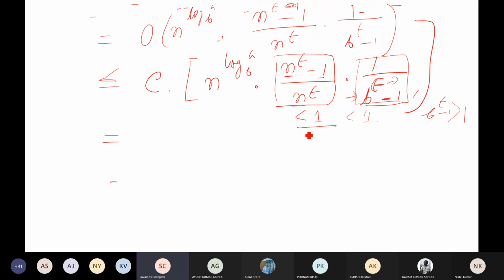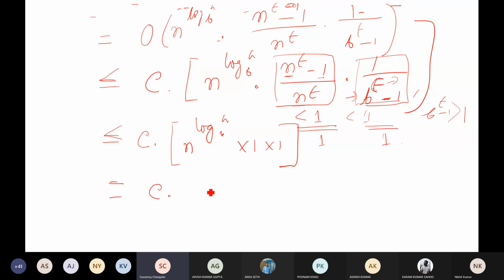Now, if we replace this less than 1 value by 1 and this less than 1 value by 1 also, then what we will get? The previous term is less than n to the power log a base b into 1 into 1, and that is equal to c into n to the power log a base b, which is the definition of big O of n to the power log a base b.